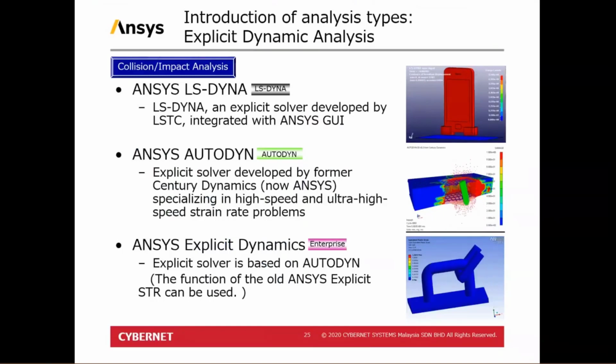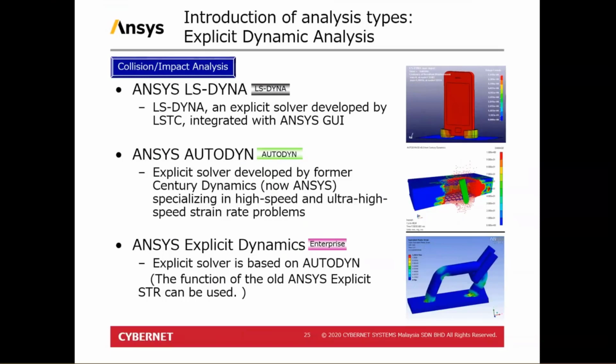Now, the implicit method is usually used when the problem time magnitude is relatively large, for example, 10 seconds to 1 second. While the explicit method is used when the problem time magnitude is really small. We are talking about a few milliseconds and even microseconds. So the explicit method is also used when the nonlinearity of the simulation is high.